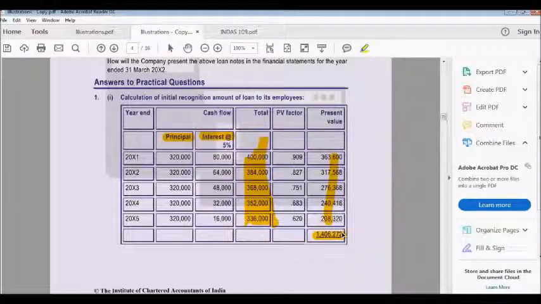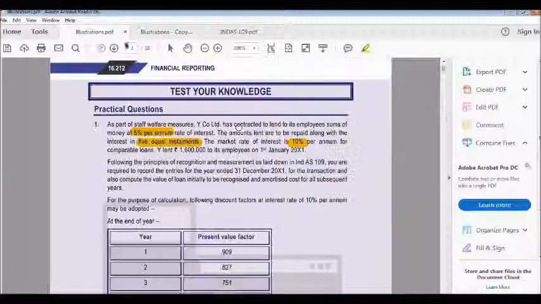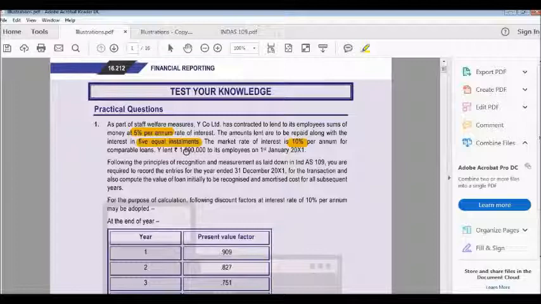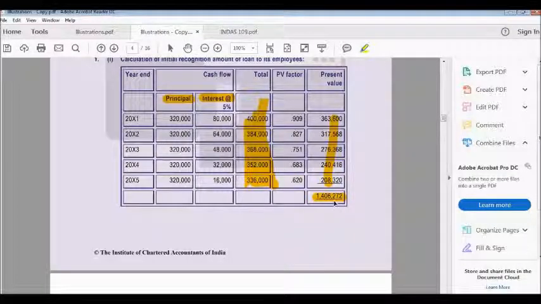So remember that is the fair value which you will calculate by way of discounting future cash flows at the rate of 10%, which is the prevailing market rate of interest. So what about the 16 lakh minus 14,06,272? 16 lakh is the transaction value, but the fair value is 14,06,272.